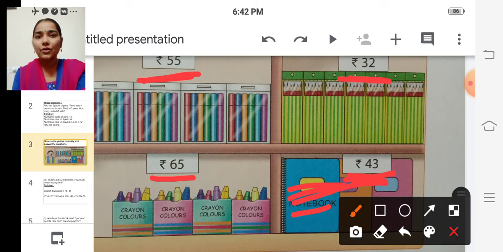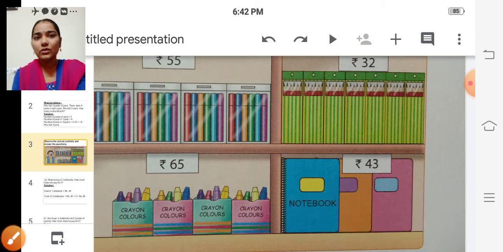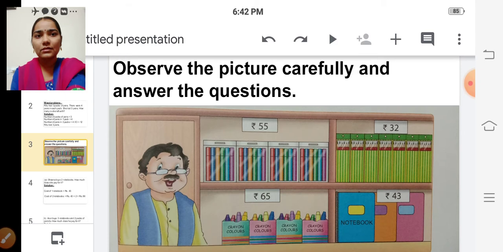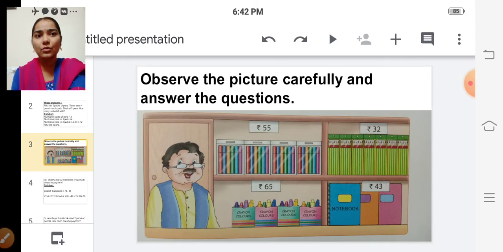The cost of one pack of crayons is rupees 65. The cost of one pack of pens is 55. And the cost of a pack of pencils is rupees 32. Based on this, they have asked some questions, so we are going to answer the questions.